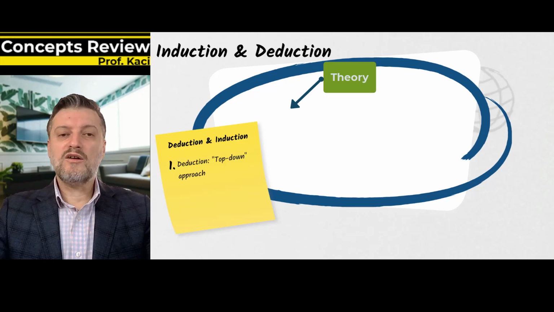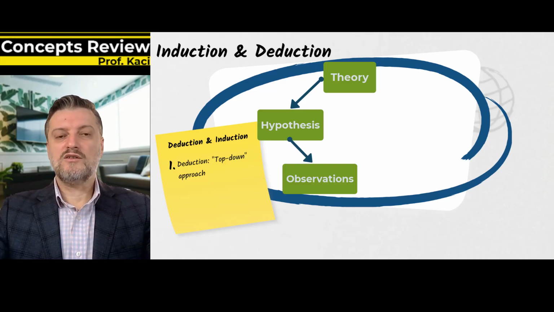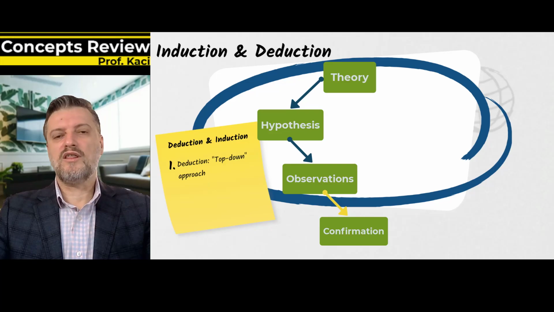We then narrow that down into more specific hypotheses that we can test. We narrow down even further when we collect observations to address the hypotheses. This ultimately leads up to being able to test the hypothesis with specific data, a confirmation or not of our original theories.